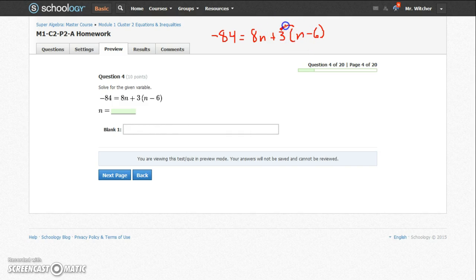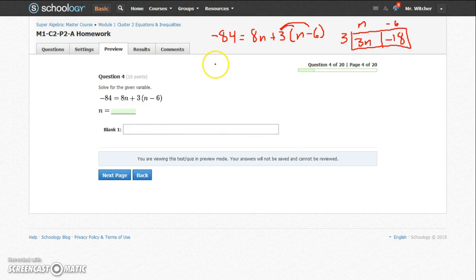So I'm going to go ahead and distribute this 3, which I could also do using the box method, n minus 6. So 3 times n is 3n. 3 times negative 6, negative 18. Some of you might have seen the box method in junior high school.